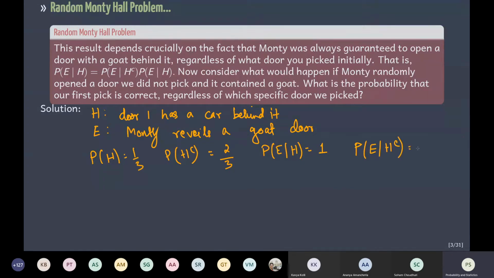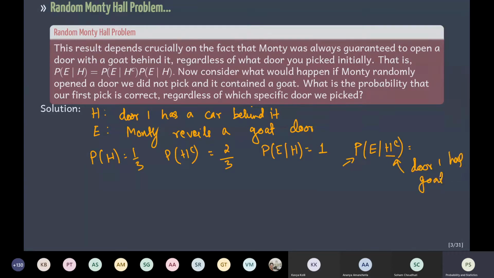This is the tricky part. What this means in words is: what is the probability that Monty will reveal a goat door, given that door 1 does not have a car behind it, which also means that it has a goat behind it.